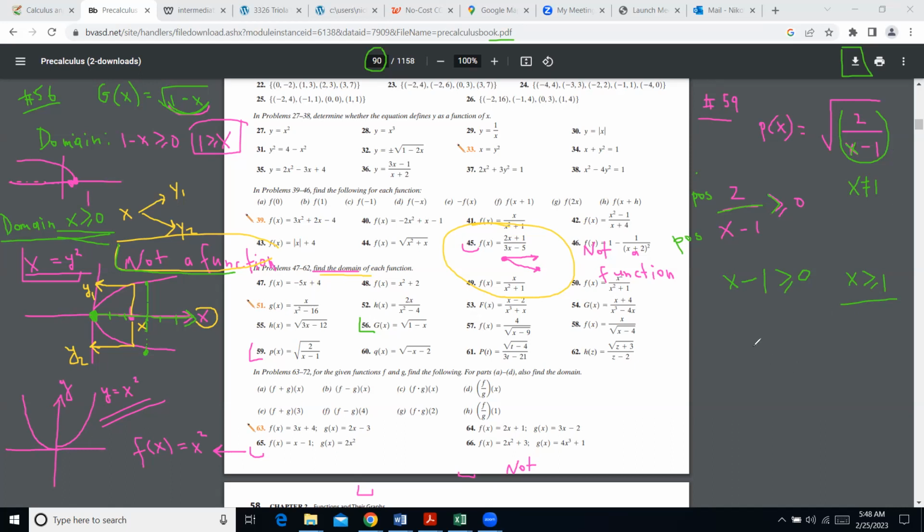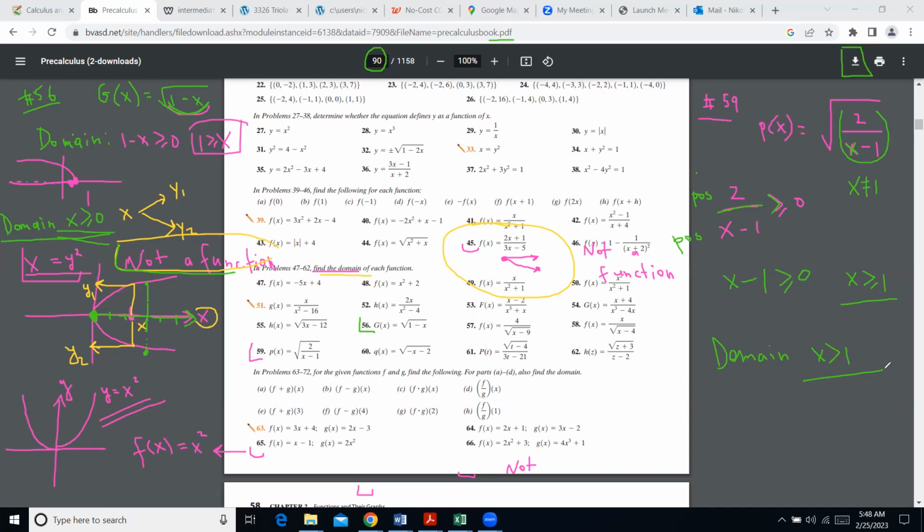We don't divide by 0. So what I can say finally for the domain is that my x is just greater than 1. No equal allowed. So anyways, that's the idea of these exercises.